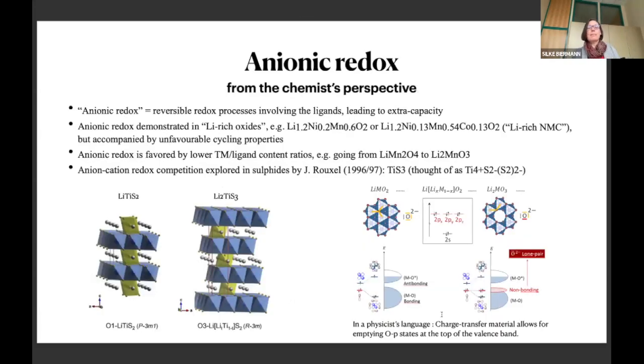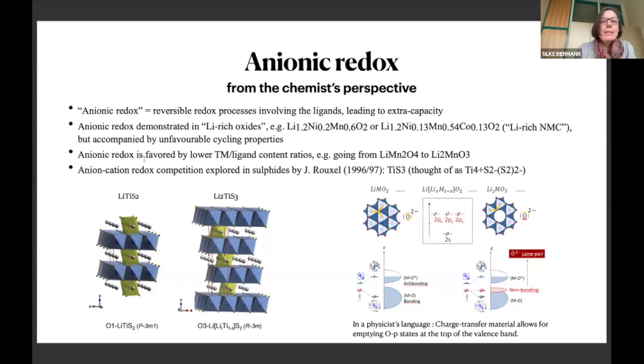So what is this process that chemists call anionic redox? Well, it's a reversible redox process that involves the ligands and that leads to extra capacity. This type of anionic redox has been demonstrated in these lithium-rich oxides that I cited before, but proved to have unfavorable cycling properties, so some problems of voltage fade, for example.